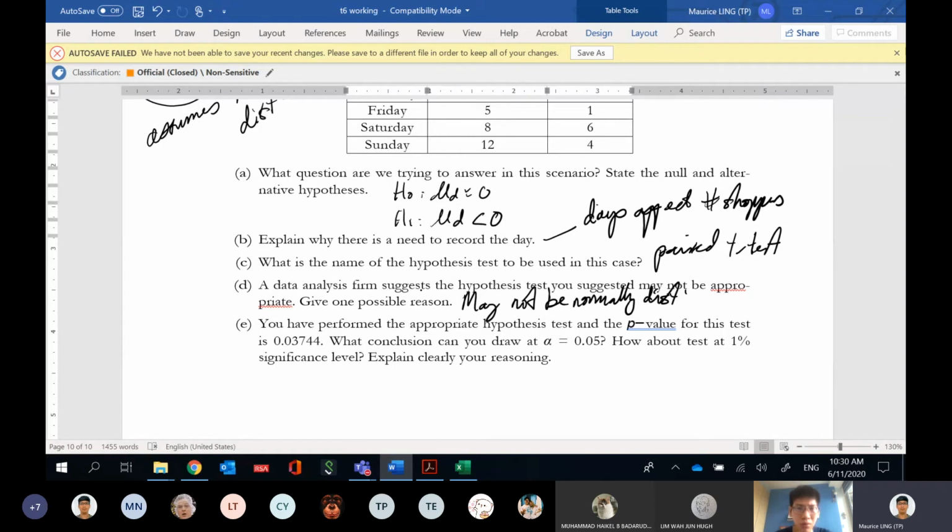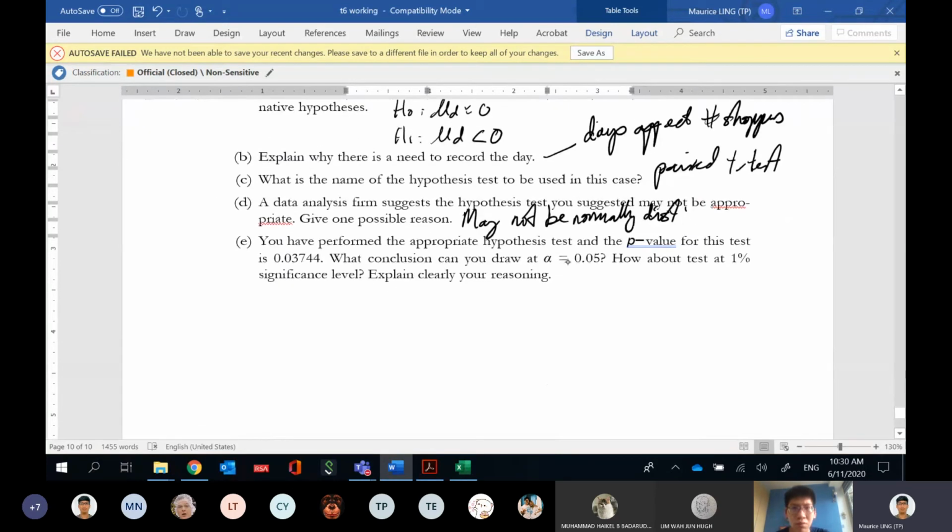Okay. So let's say you perform the appropriate statistics and the p-value is 0.03744. What conclusion can you draw at 5% significance?